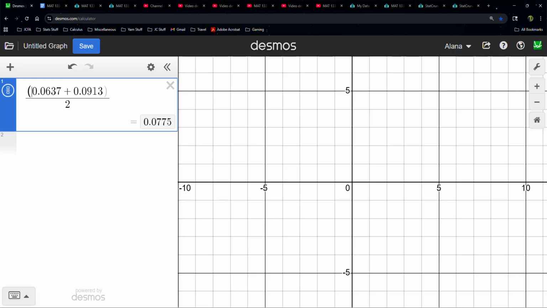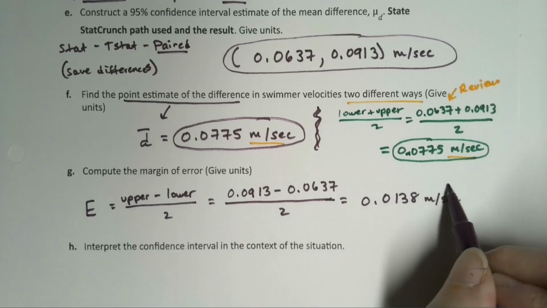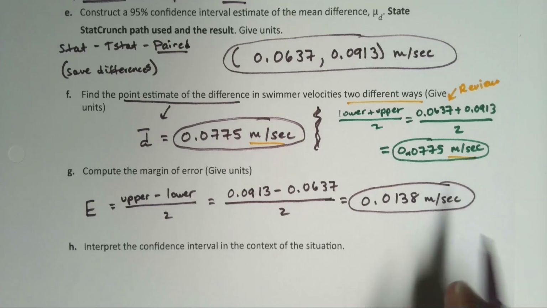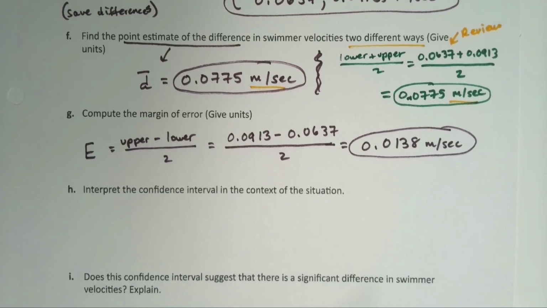So 0.0913 minus 0.0637, divided by 2, and we get 0.0138. And again, that would still be meters per second. Whatever your data set's units are, those are the units for these values.